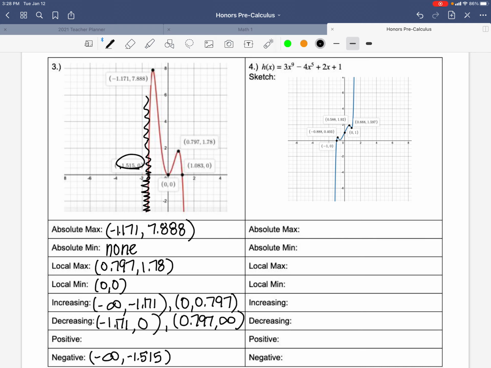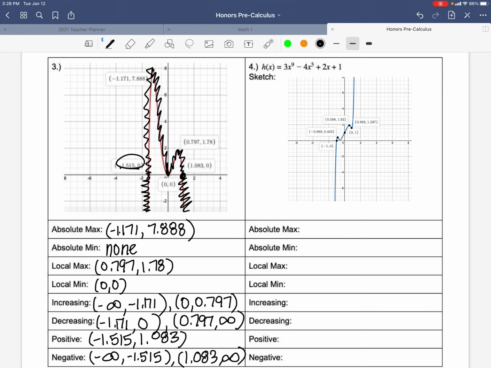Then we're going to go above the x-axis, and we're going to stay above the x-axis for quite a while for this entire piece, all the way till 1.083. So we have negative 1.515, and we're going to stay positive until 1.083. And then we'll wind up going below the x-axis again, which is going to make it negative until positive infinity.